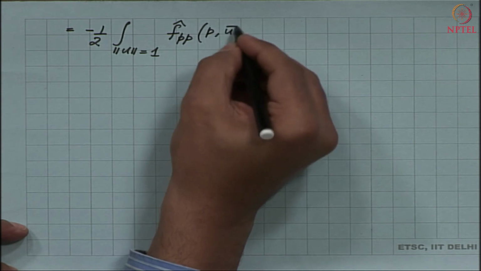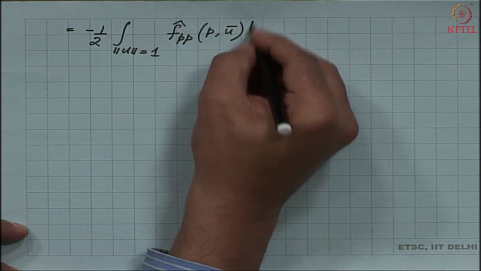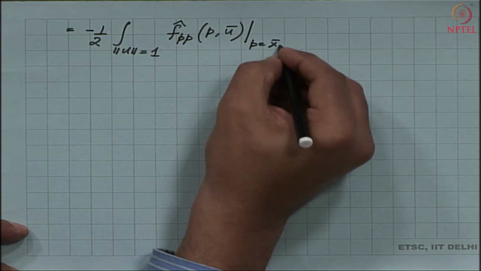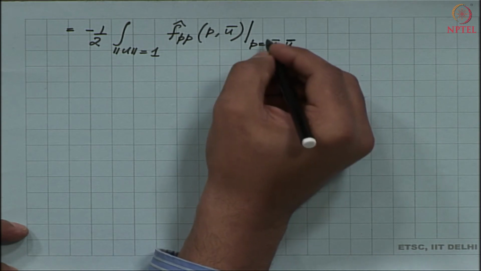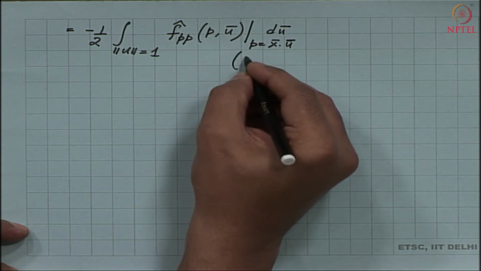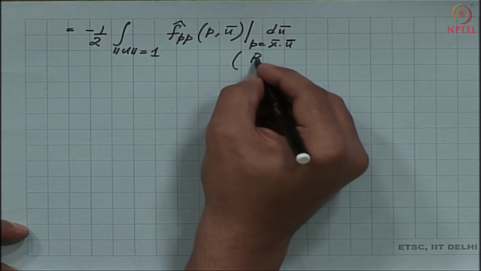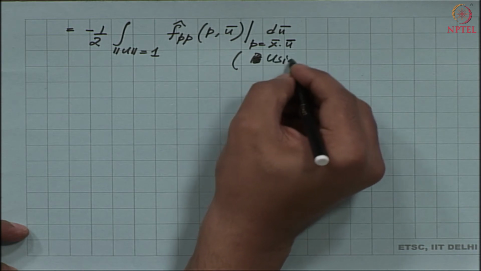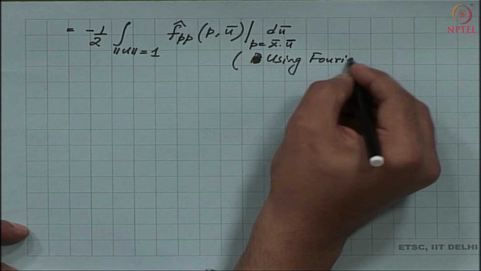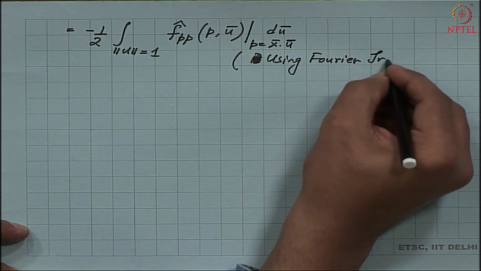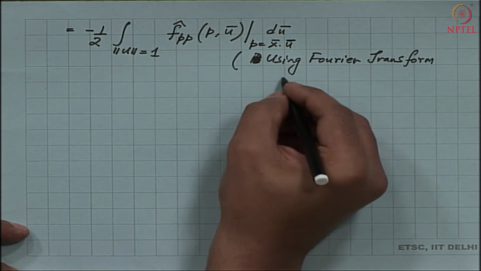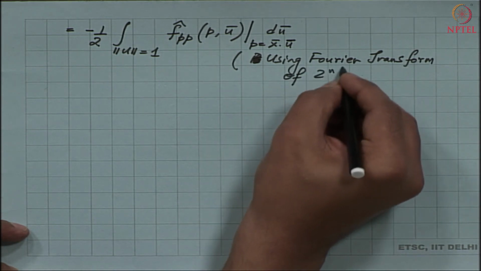Okay. So, this is evaluated over the hyperplane. Okay. So, what I have done is I have used the result of the differentiation of the Fourier transform, that is of the second derivative.